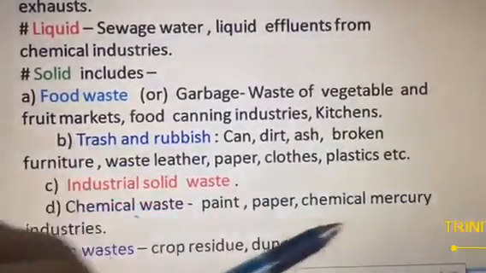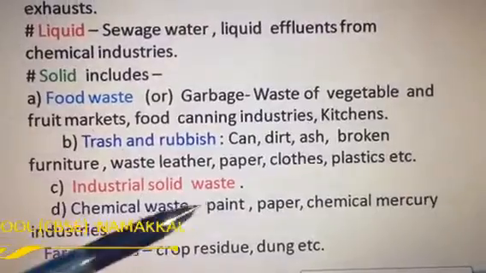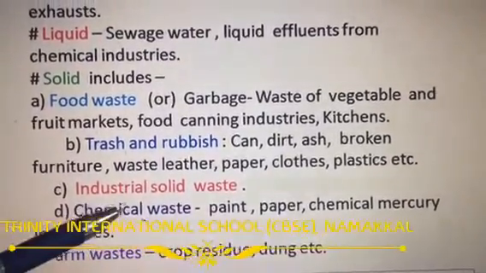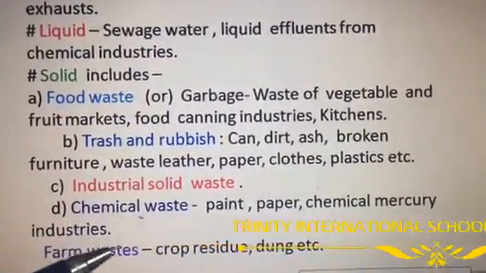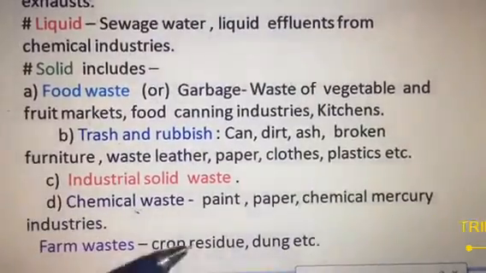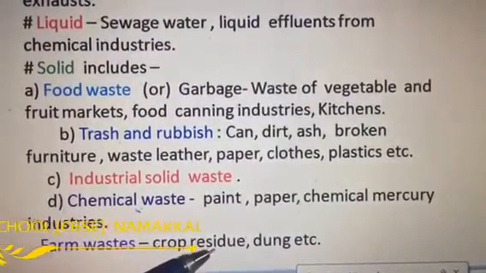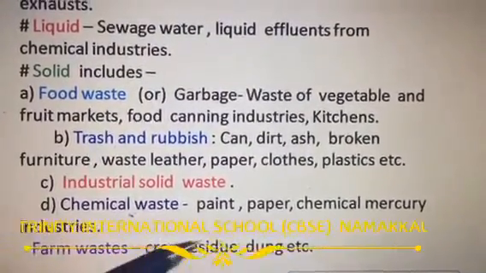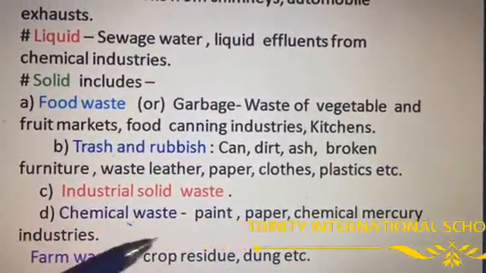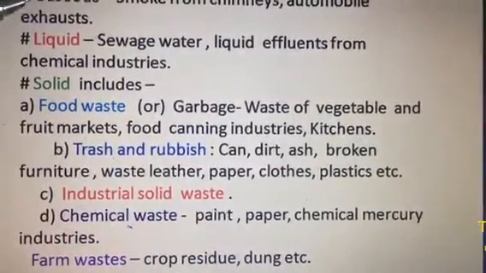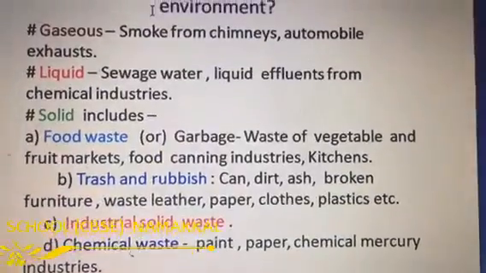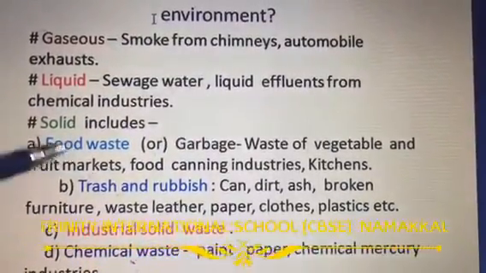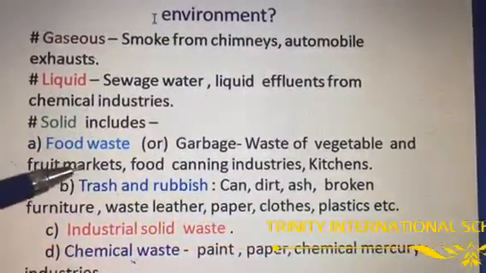The waste released from these industries is called chemical waste. Farm waste: crop residue and cow dung are called farm waste. So these wastes we are dumping into the environment.